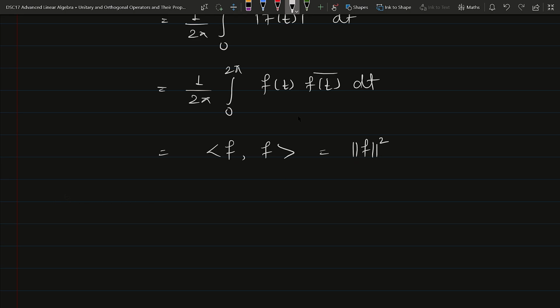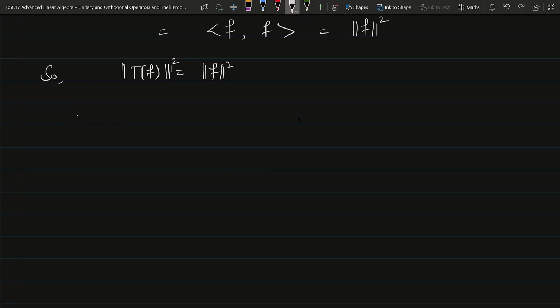Okay, and we know कि norm हमेशा नॉन नेगेटिव होते हैं. So we have that norm of T of f square is equal to norm of f square, right? Since you can see, norm of T of f is equal to norm of f. Why?